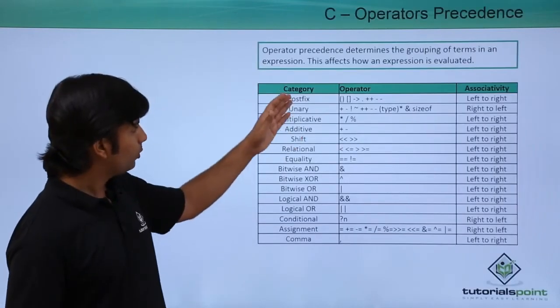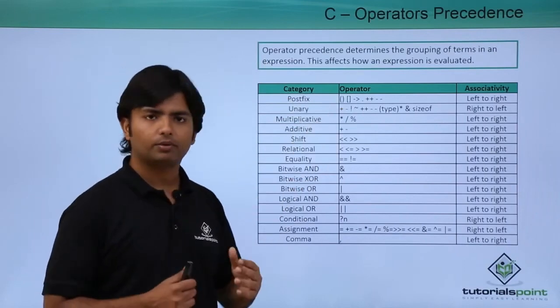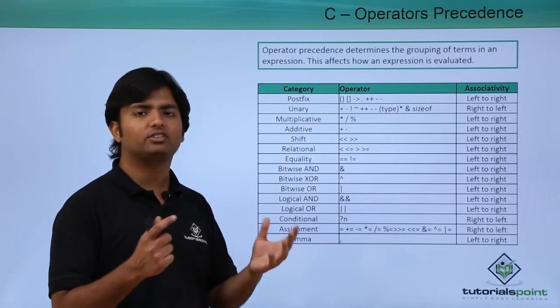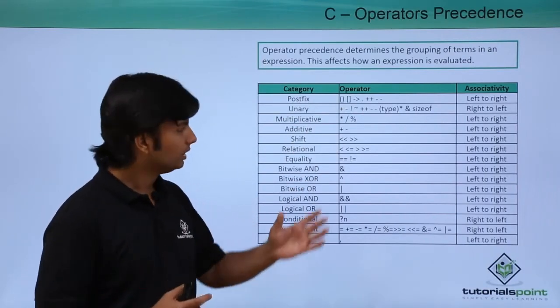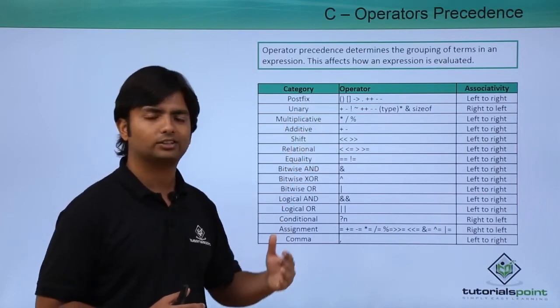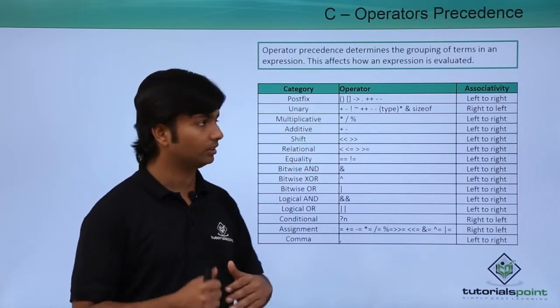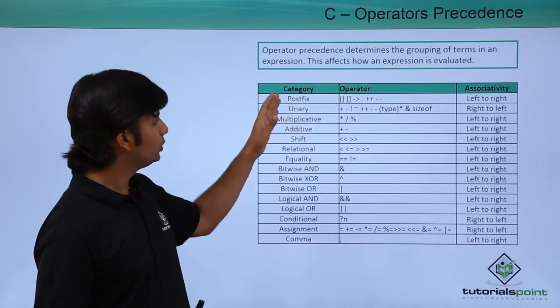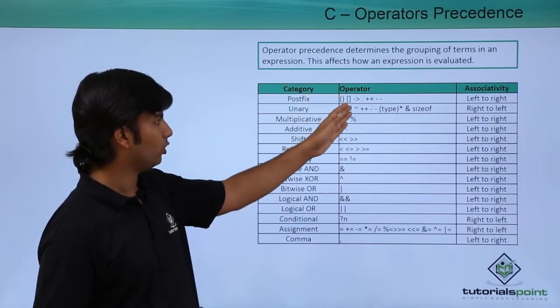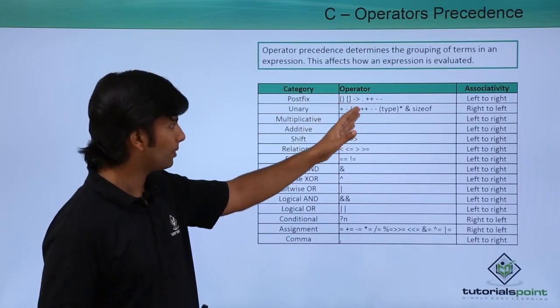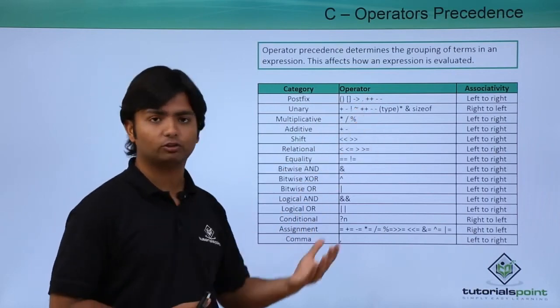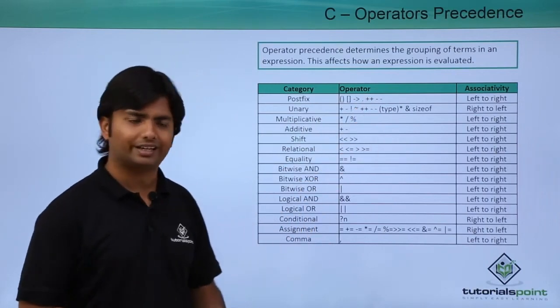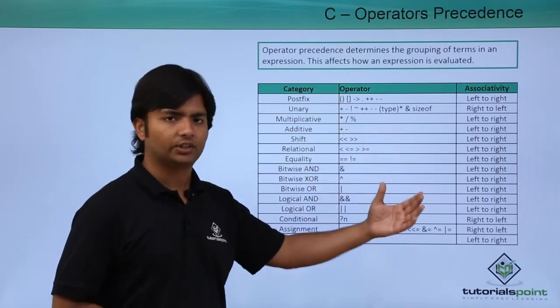Here we start with the brackets, meaning whenever you put any statement inside a bracket, it has the maximum priority, meaning the precedence. After that, the unary operators such as not, complement operator, plus plus, minus minus, and the sizeof operator for calculating the size will be executed.